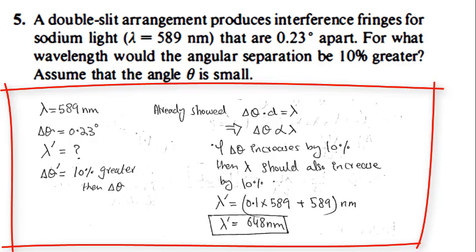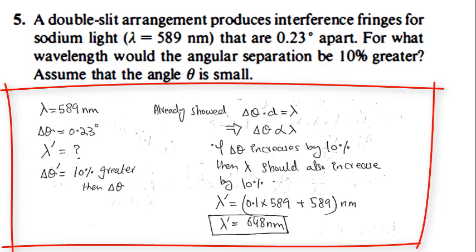So in this question the slit separation d is constant, so this gives me delta theta is proportional to lambda, and we know that if there is an increase by 10% in delta theta, then there should be an increase of 10% in wavelength. So this is a very simple relation. All we have to do is find 10% of the wavelength and add it to the previous wavelength.